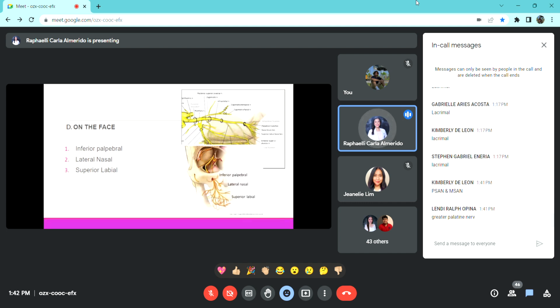So these branches are your palpebral branches, the nasal, or your lateral nasal, and your superior labial branch. So these are the terminal branches.